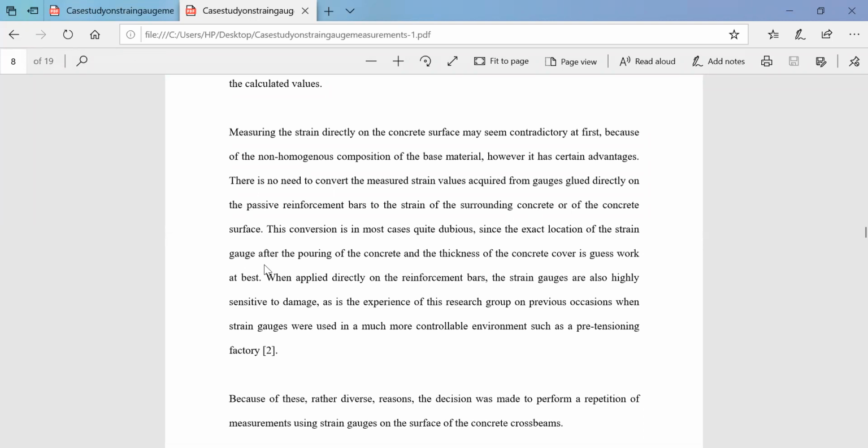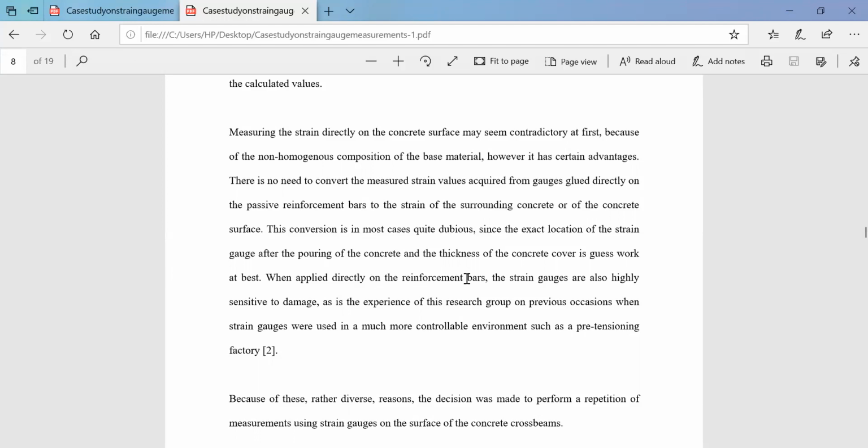You will not know exactly the quantified amount of conversion, because it depends upon the mixture of the concrete used on the bridges as well as on the supporting walls, and hence it is not advisable to convert the strain induced from the bridges across the reinforcement bar. It has been suggested.